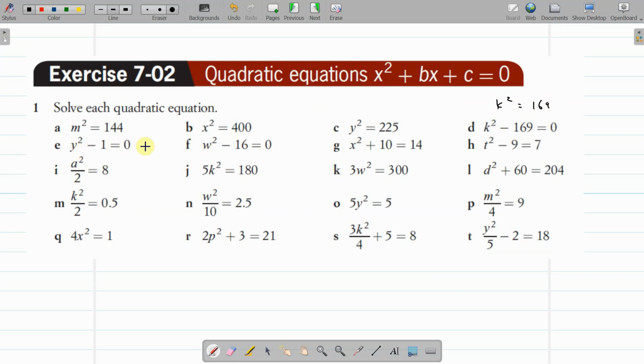Same here, plus 1, plus 16, take away 10, and all the rest are as per examples. This one here, because as a fraction you'd have to multiply, so you'd minus 5 first to get 3, then times 4. But that's basically how you do all those.